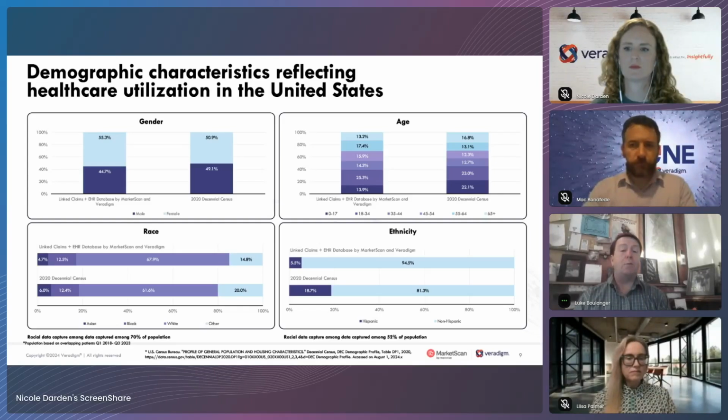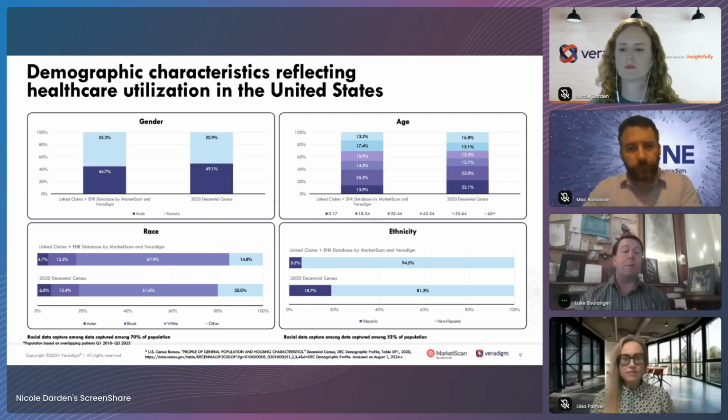So you see a little over 70% working-age people in the link set versus a little over 60% you'd expect, but that's probably pretty valuable for people looking at outcomes, especially among people with commercial insurance. We still have sizable populations in terms of the pediatric population as well as seniors.